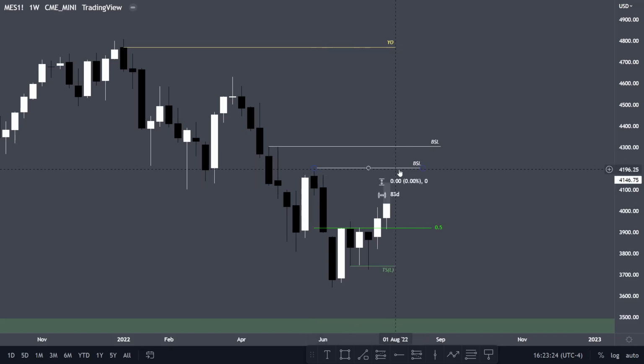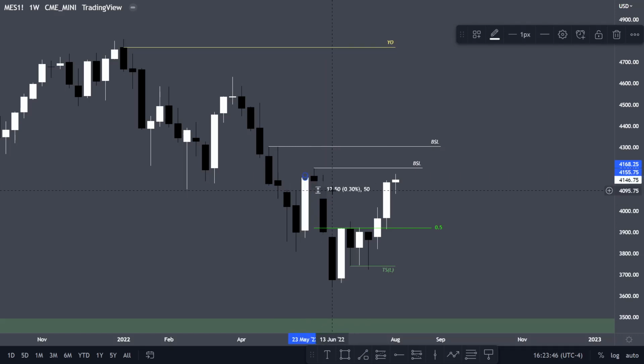If you make a higher high on the week and then close, which basically means if this week can close above this week, then I would be looking for some form of retest on the body of this candle. This is a strong candle. It's thick, it doesn't have much wick, so you can use the body or the wick, but it's really only like a 12-point difference.